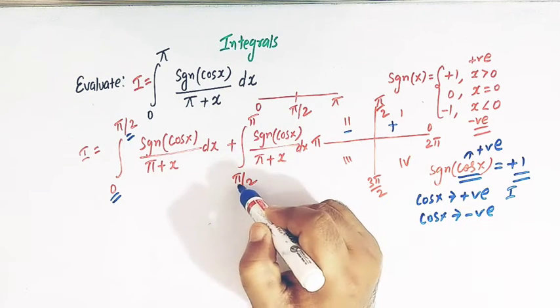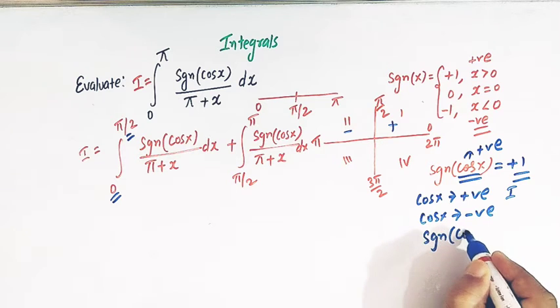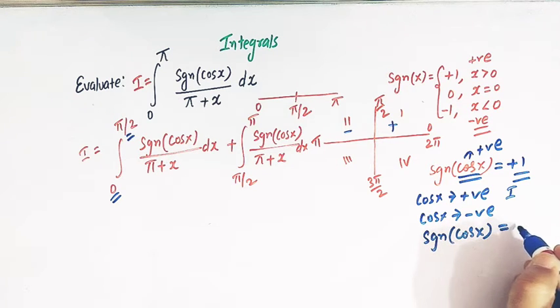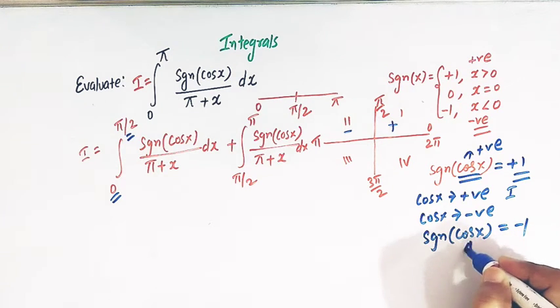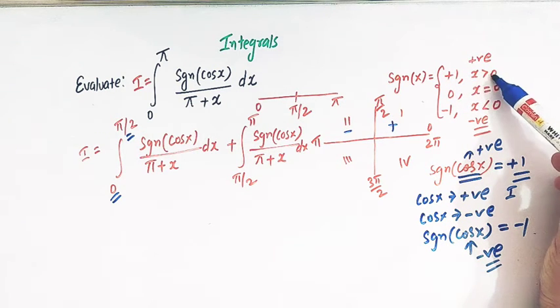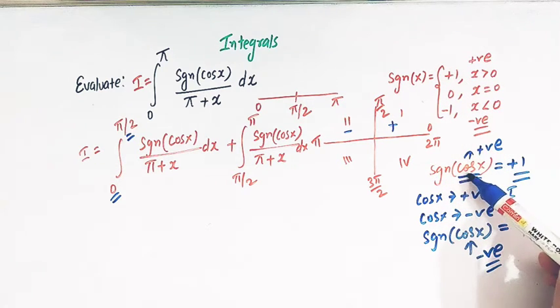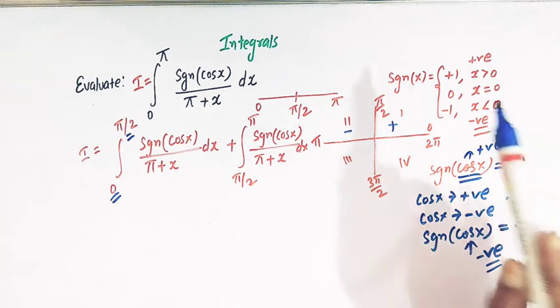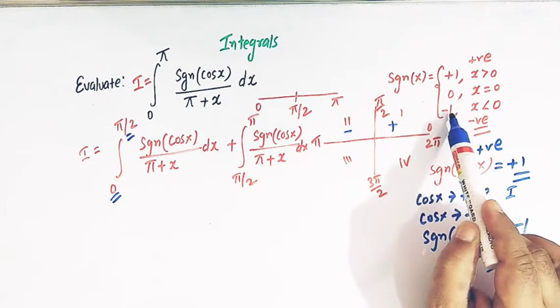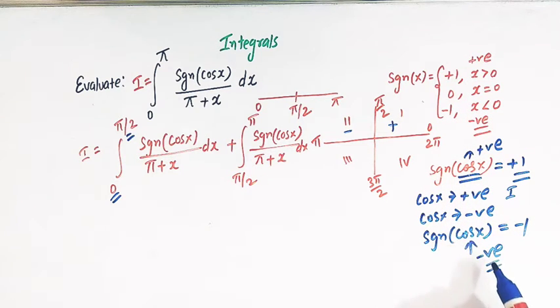Signum of cos x is negative 1 because cosine x is negative. When x is positive, signum of x is plus 1, so here cos x is positive and signum of cos x is plus 1. When signum of x is negative 1, it implies x is less than 0, so cosine x is negative.